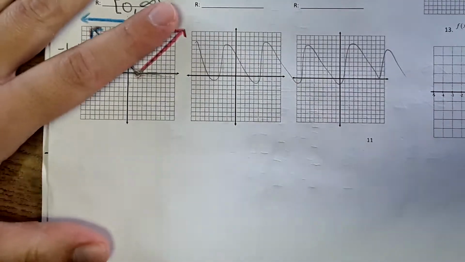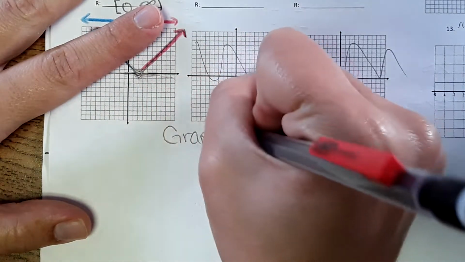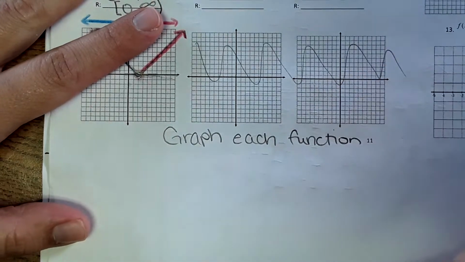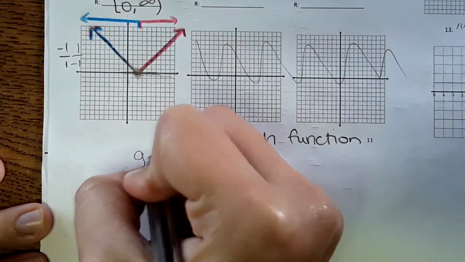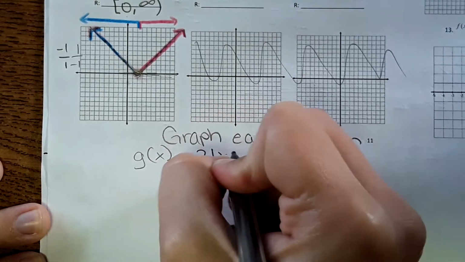Yeah, okay. So one type of question that's on the homework is graph each function. And it looks like this, g of x equals 2 times the absolute value of x.